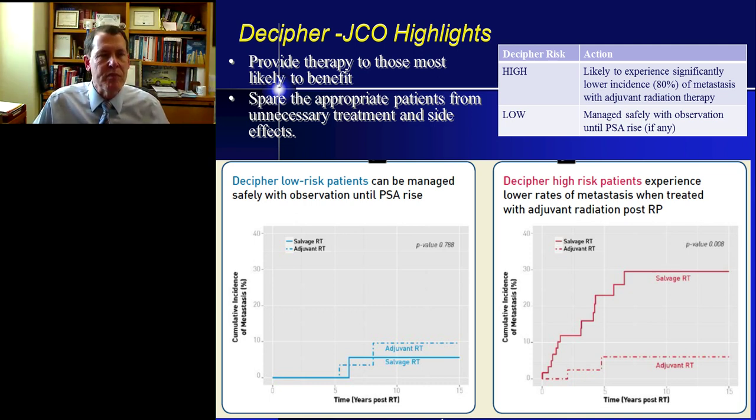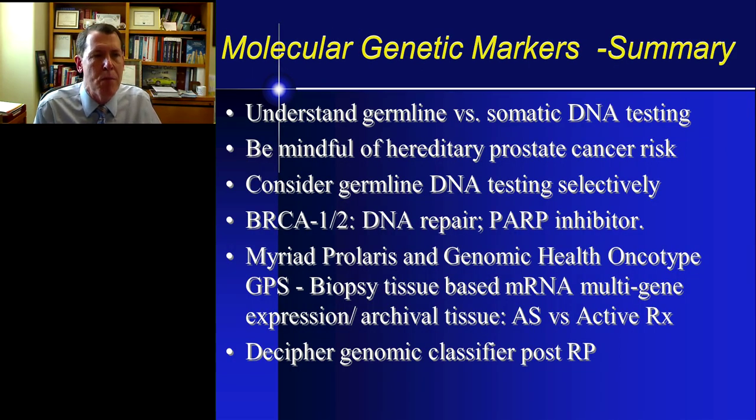So that was my last slide, more of a summary, and then we're going to open up for questions. I think the key teaching points from this presentation is that we really need to understand, not just in prostate cancer, but in all cancers we deal with, the difference between germline versus somatic DNA or molecular testing.